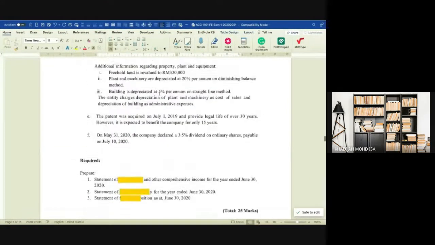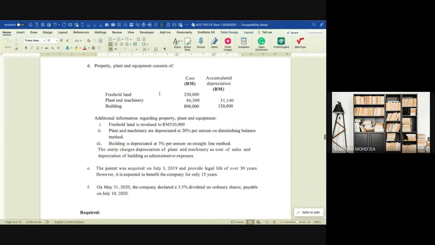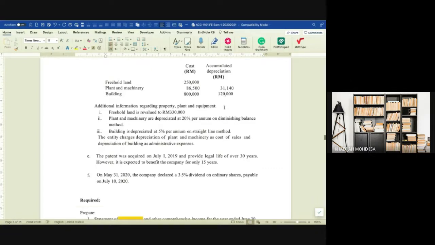And finally, this is on the property, plant, and equipment. So you have freehold land, 0 accumulated depreciation. Plant and machinery accumulated is 31,140. Building, you have accumulated of 120,000. Additional information, now you have your revaluation. In this case, revalued to 330,000. Initially it was 250,000.